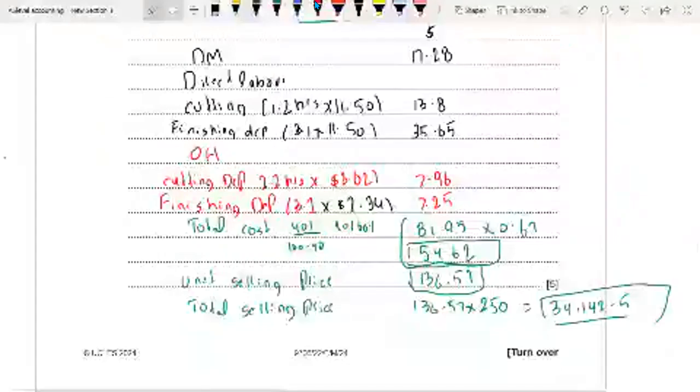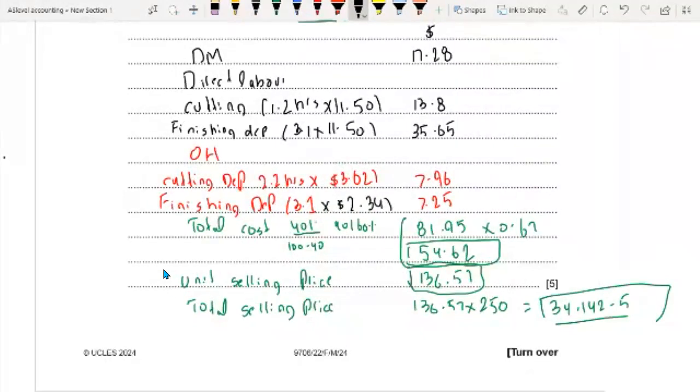So for the cutting department, 2.2 hours multiplied by 3.62 is 7.96. For the finishing department, 3.1 hours multiplied by 2.34 is 7.25. So this is the total cost, which is 81.95.